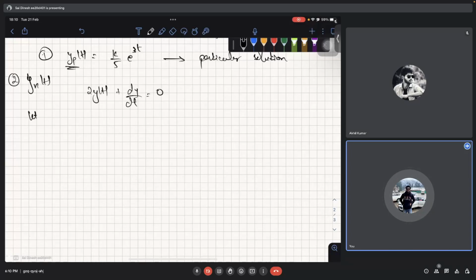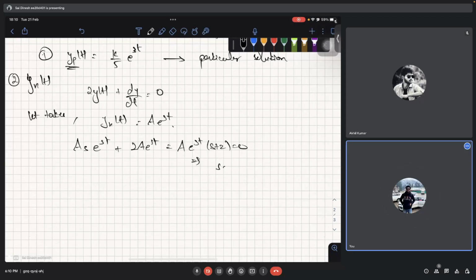Let's take yh of t in the form a into e power st. In that case, if you put it, we get a s e power st plus 2a e power st is equal to a into e power st into s plus 2 equal to 0, which implies s equal to minus 2.